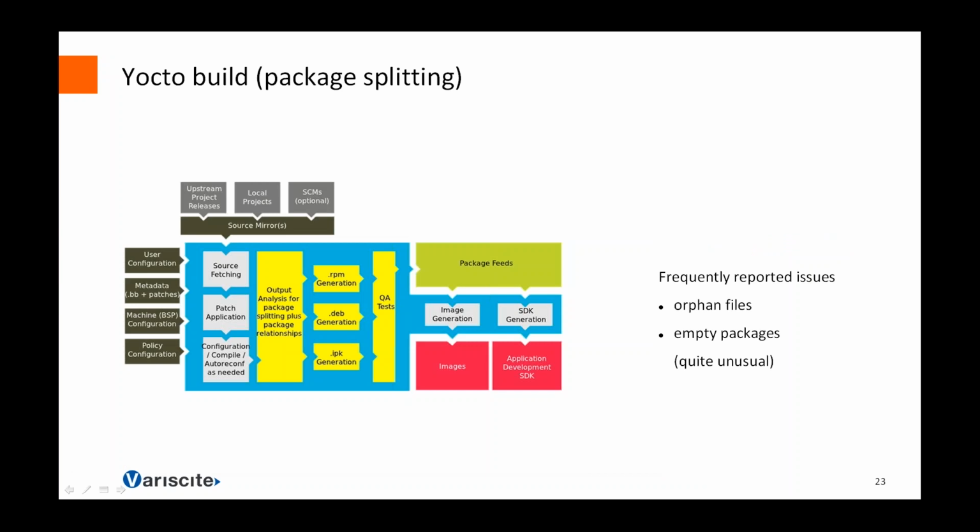So once the package building has been completed, finally we can generate the image. This process basically relies on the presence of all of the packages that will be merged together to create a kind of root file system, and the root file system will be used to create the images that you're going to burn on your final target. Usually this phase is also quite easy.